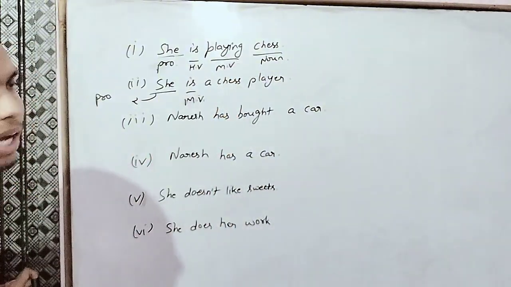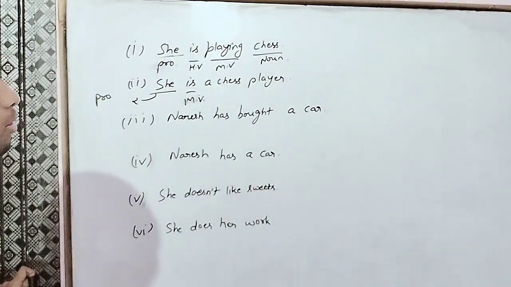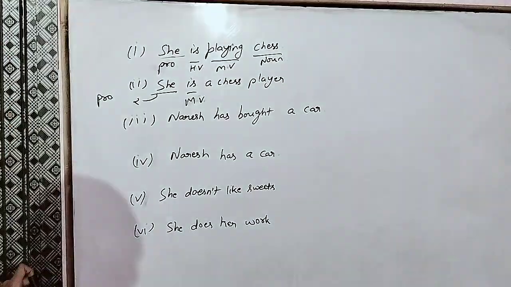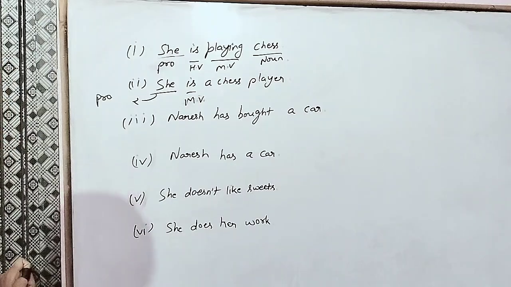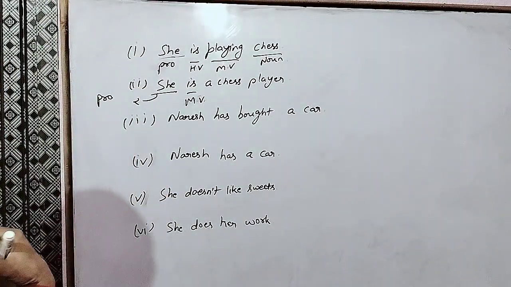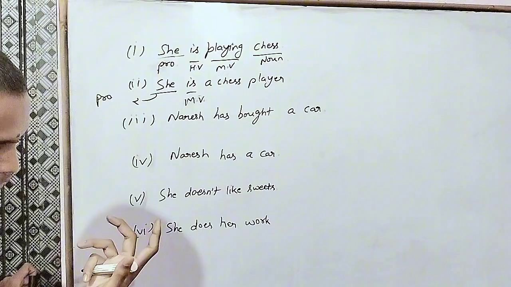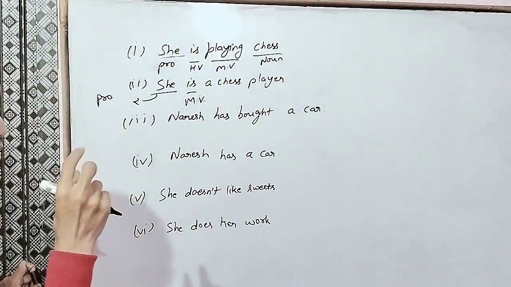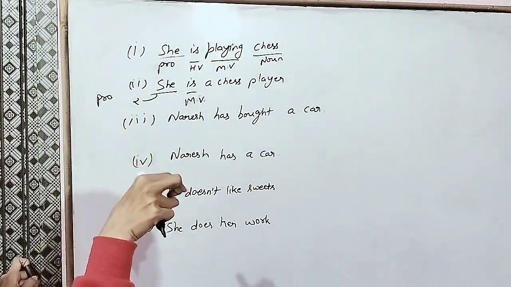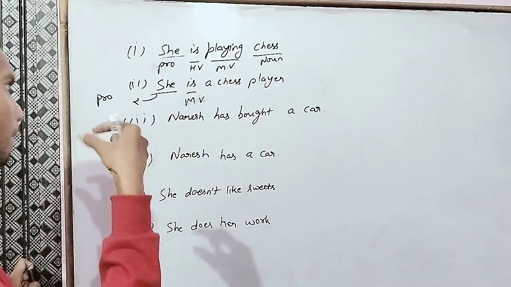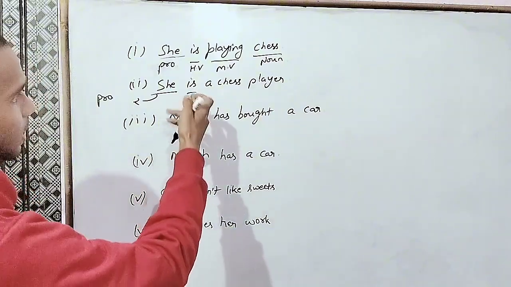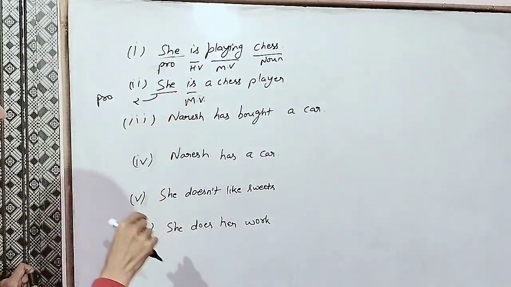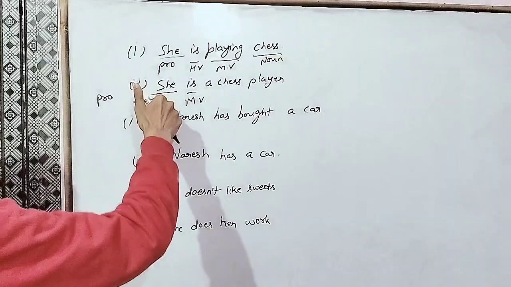In this sentence, we have two verbs, so the first verb will be considered as helping verb and the second verb as main verb. If we have one verb, that one verb is the main verb of that sentence. Clear?